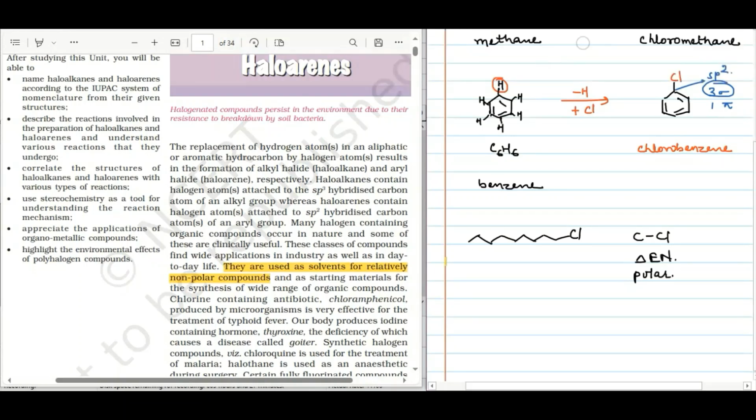The rest of the chain is non-polar. So overall the molecule is very less polar, or you can consider it as a non-polar molecule. As you know, like dissolves like. As they are non-polar molecules, they can be used as a solvent for relatively non-polar compounds.